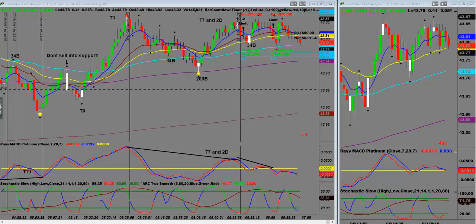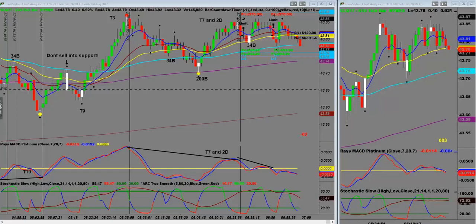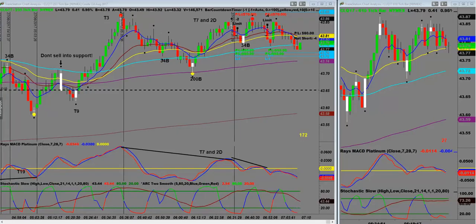So we're a couple of ticks away from hitting our initial target. Once we hit the initial target here, I will go to break even, slowly grinding down. Just bouncing around here.